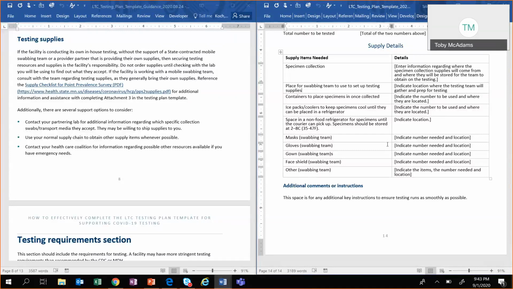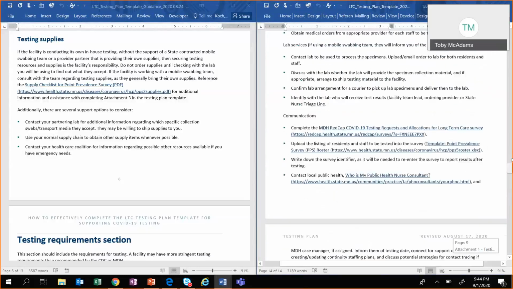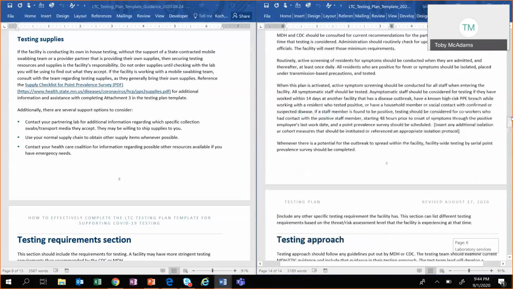If you are at a point where you are not able to provide adequate PPE supplies to your swabbing team because you're running low, then by all means put in a request through your PPE REDCap survey and ensure your coalition is aware so that they can assist you with addressing that need. And then, of course, as always, a section for additional comments for you to consider any other specifications that may be required.